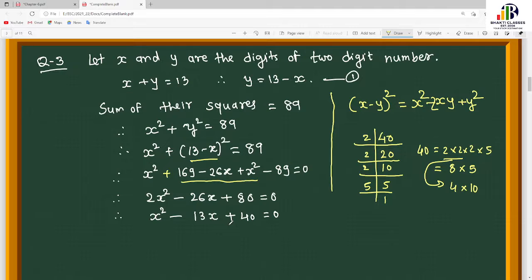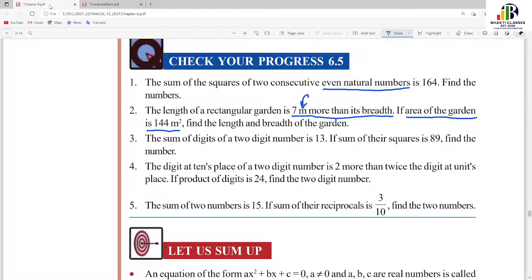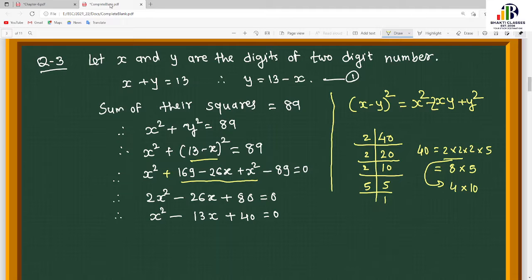We have to find this by using the discriminant method. First of all, let us check the question again. The sum of the digits of the two-digit number is 13. If the sum of their squares is 89, find the number. Okay, we are correct. There is no need to worry.